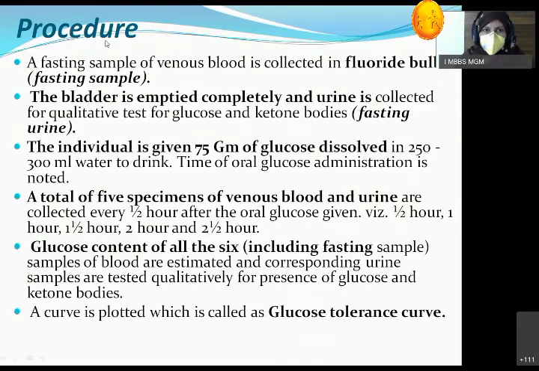Now the procedure. A fasting sample of venous blood is collected in fluoride blood. The bladder is emptied completely.